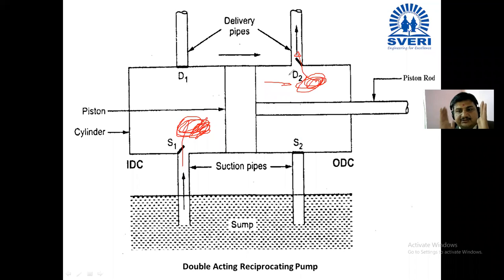Means जो प्रोसेस सिंगल एक्टिंग रेसिप्रोकेटिंग पंप में सिर्फ एक बार होती थी, the same process is getting repeated, it is happening twice during one complete stroke. Understand?